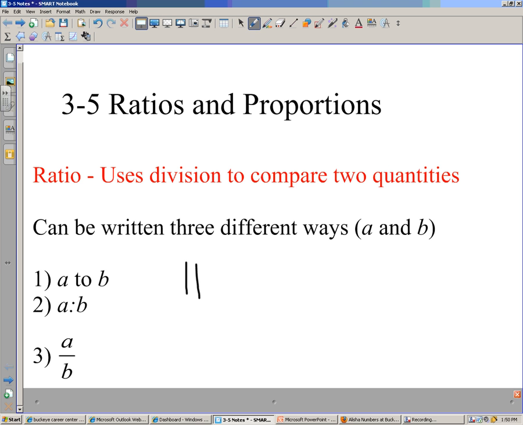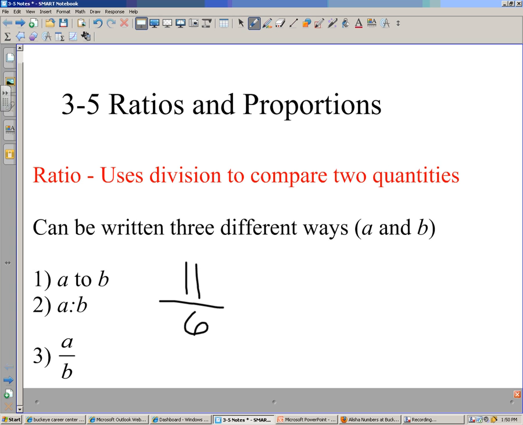How many females? 1, 2, 3, 4, 5, 6. So 11 males to 6 females. Oh yeah, male students to female students. So it's an 11 to 6 ratio, male students to female students.